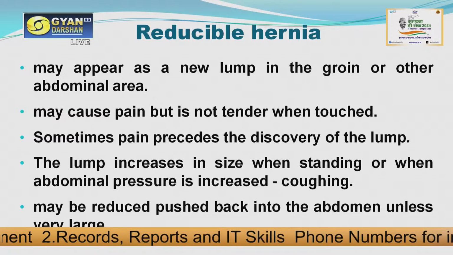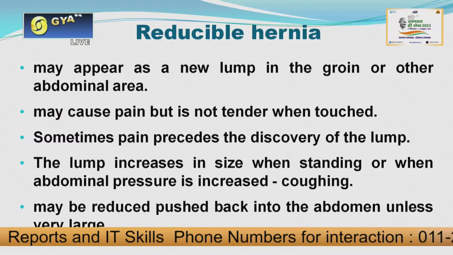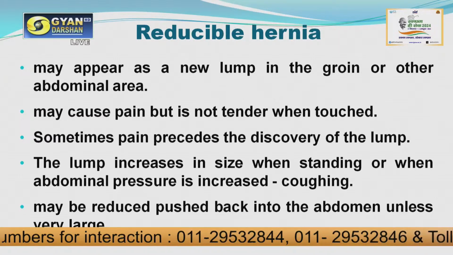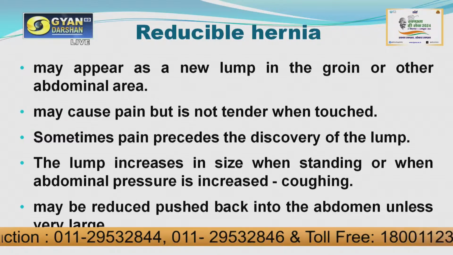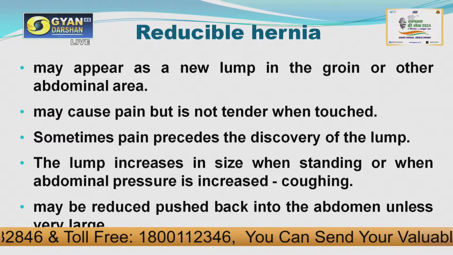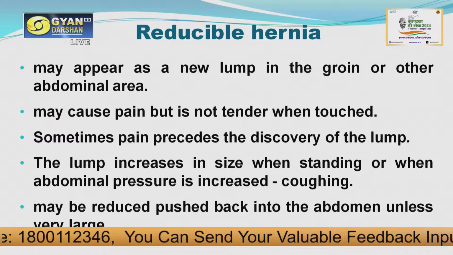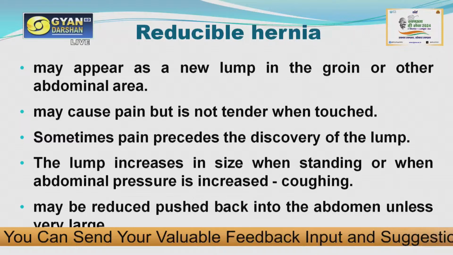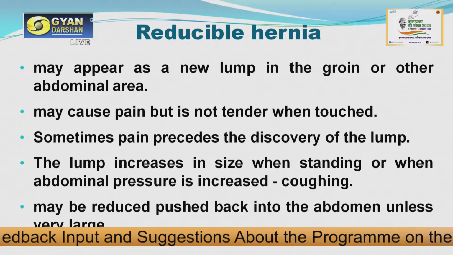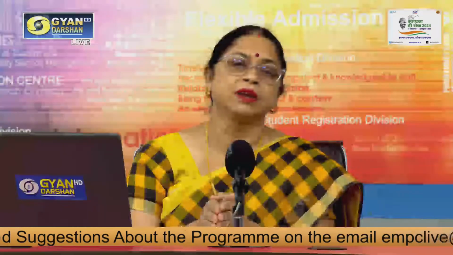So it is reducible, which disappears. Sometimes pain precedes the discovery of the lump, and the lump increases in size when the patient is standing or when there is pressure in the abdominal region due to coughing. At that time it is visible, it comes out, in layman's terms, and may be reduced, pushed back into the abdomen unless very large. If it is not very large, it will not be visible also. So this kind is a reducible hernia.